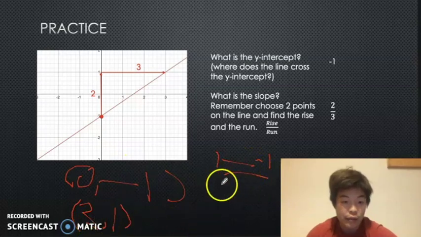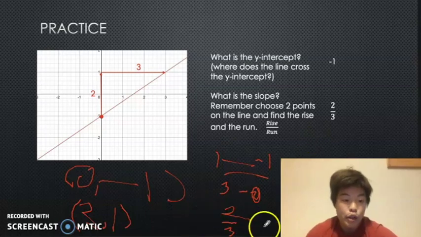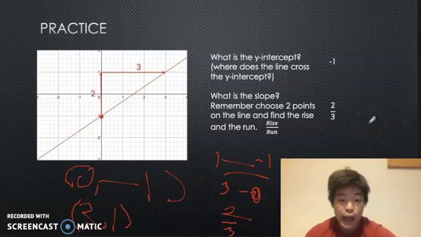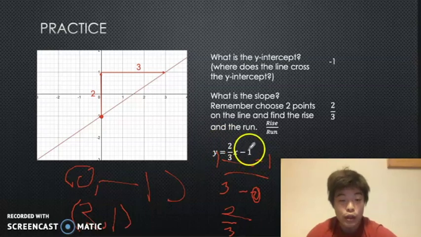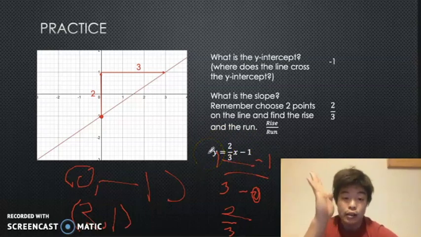What's x2? 3. What's x1? 0. So we would get 3 minus 0. 1 minus -1 gives us 2, and 3 minus 0 gives us 3. So as you can see, using y2 minus y1 over x2 minus x1 gives us the same slope, 2 over 3. So now we have the correct equation: y equals 2 over 3x minus 1. Remember, 2 over 3 is the slope, or m, and -1 is b, the y-intercept, where the line crosses the y-axis.